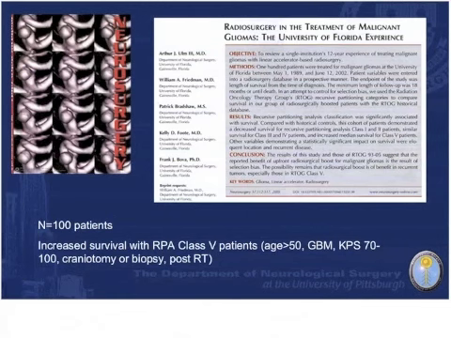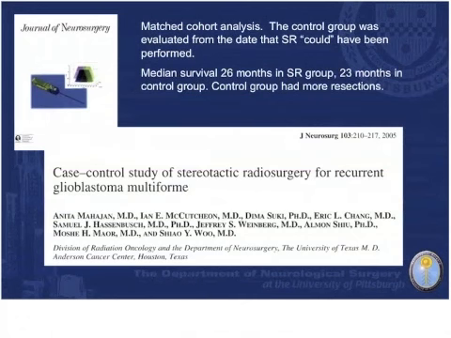Radiosurgery is for a specific type of malignant glioma, and that is for the ability to treat more powerfully a small volume. And here's the University of Florida experience. Again, increased survival with RPA class 5 patients, similar to what I showed you before. Age over 50, glioblastoma, good Karnofsky, post-RT.